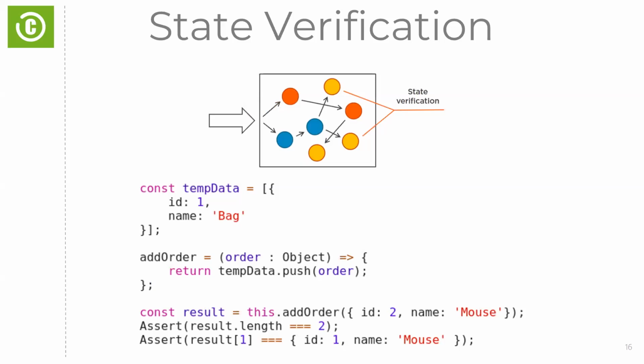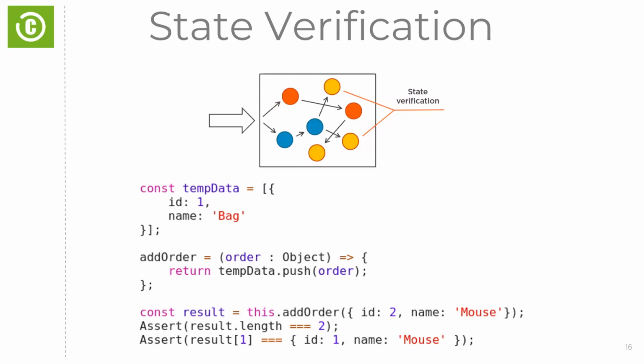The other is state verification. As the name depicts, we verify the state, or multiple states, of our system or a piece of code. For example, we can take an e-commerce website again. We have a cart, initially the cart is empty, and then we add an item to that cart.